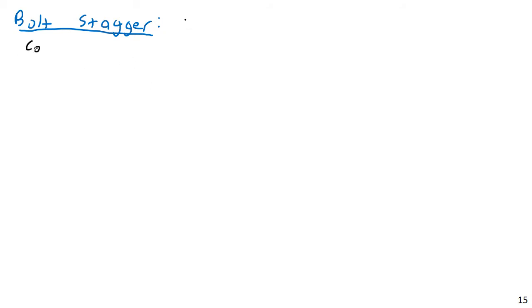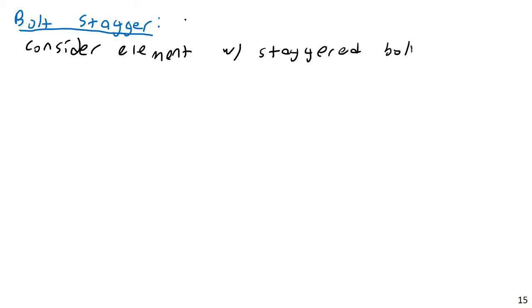To actually label or discuss what bolt stagger is, consider a generic element with staggered bolts under load, with two possible failure paths.